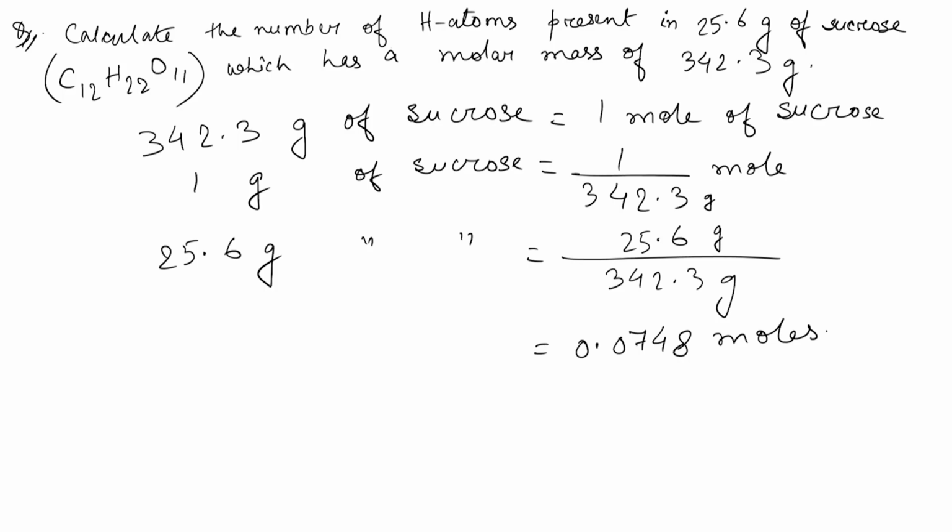Now, in the formula of sucrose, there is H22, that is, one molecule of sucrose has 22 atoms of hydrogen. So, one molecule of sucrose contains 22 atoms of hydrogen.